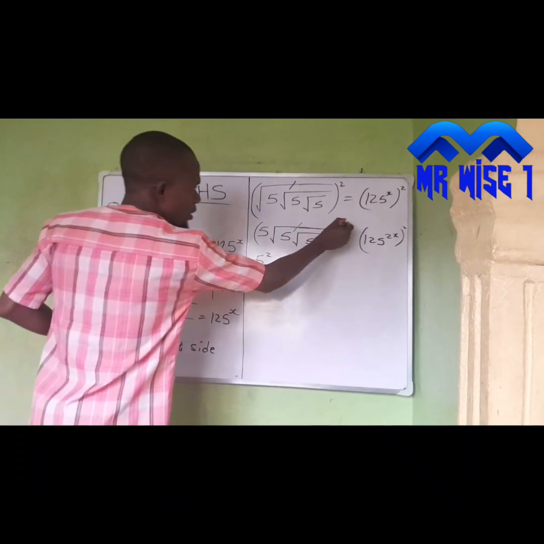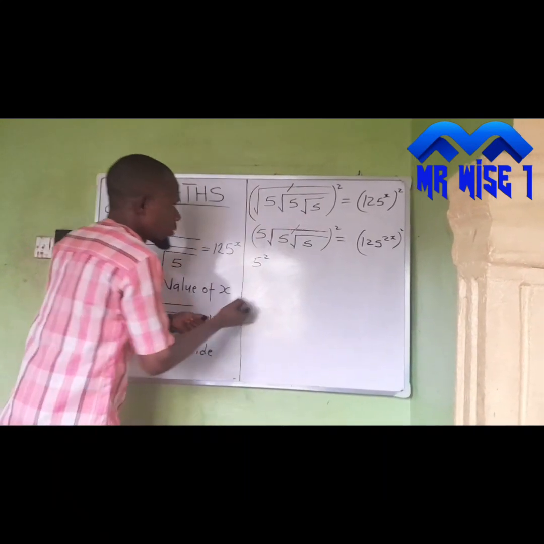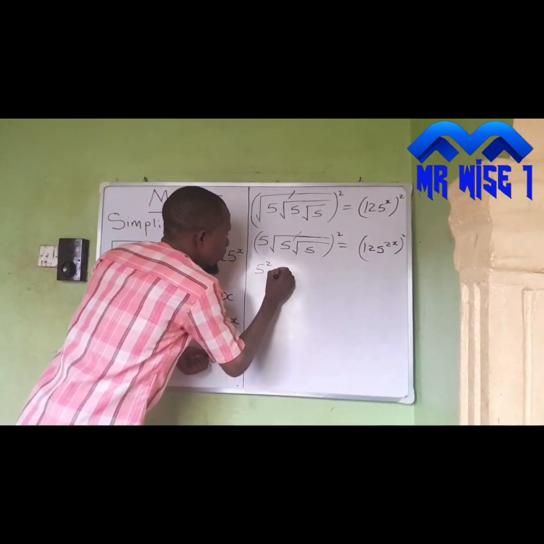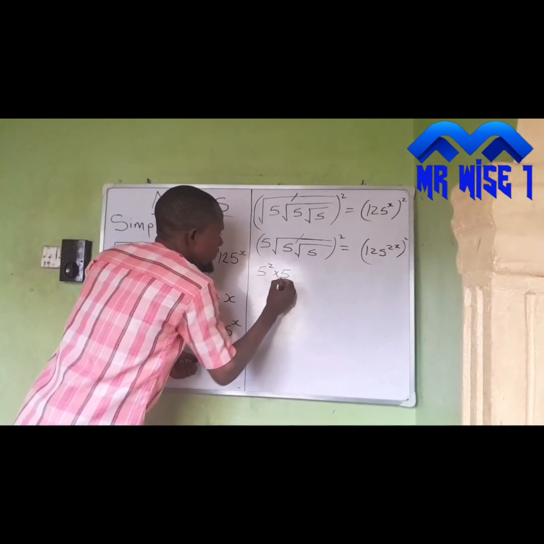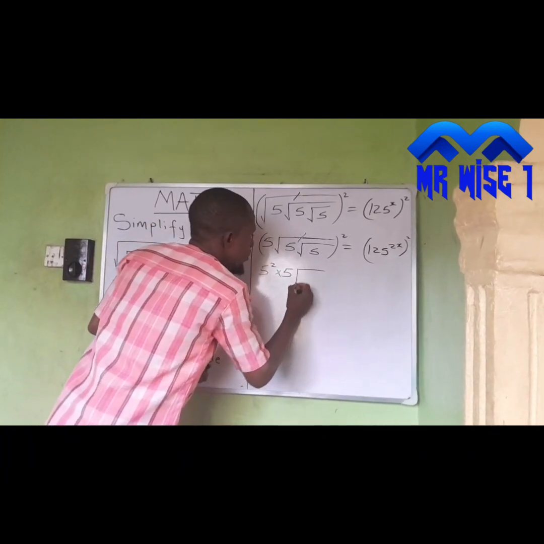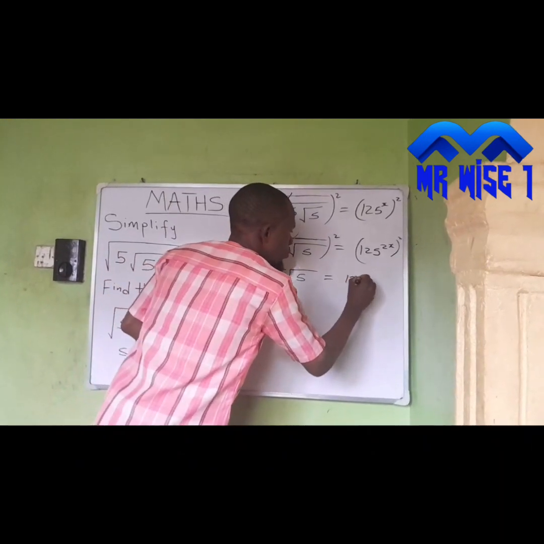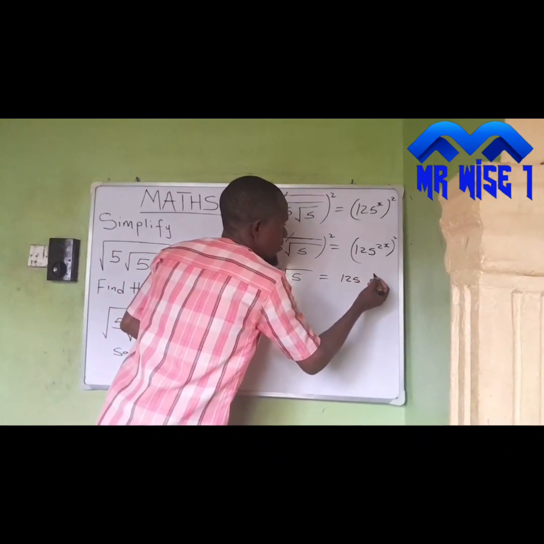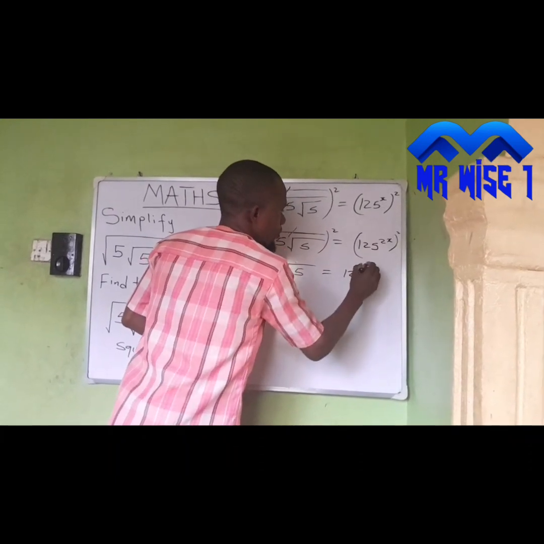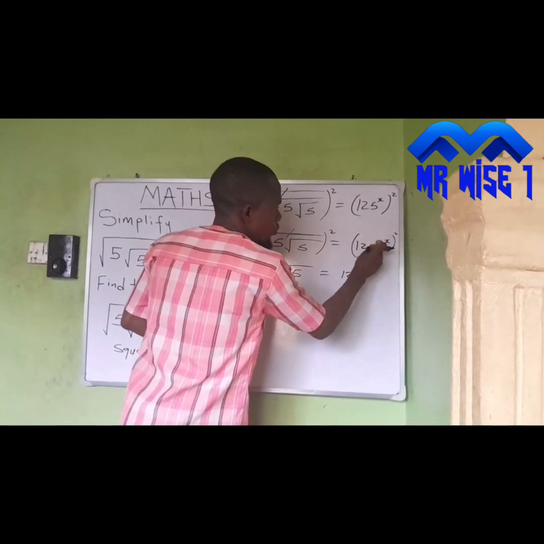Like I said earlier, this square will cancel this square root. So I'll have 5 times square root of 5 is equal to 125 to the power of 2 times 2, I'll have 4x.